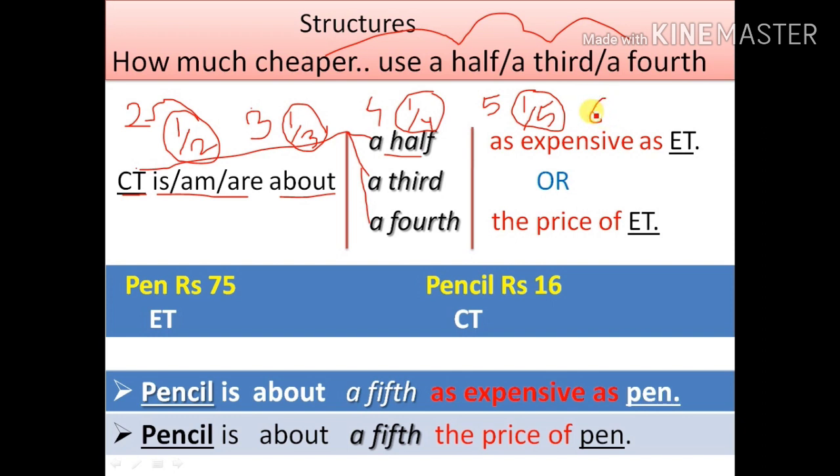Similarly, if A is about 6 times the price of B, it means B is about 1/6 the price of A. It means 1/6, it means a sixth.